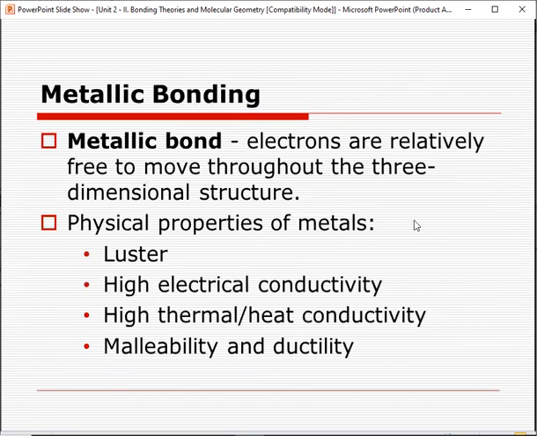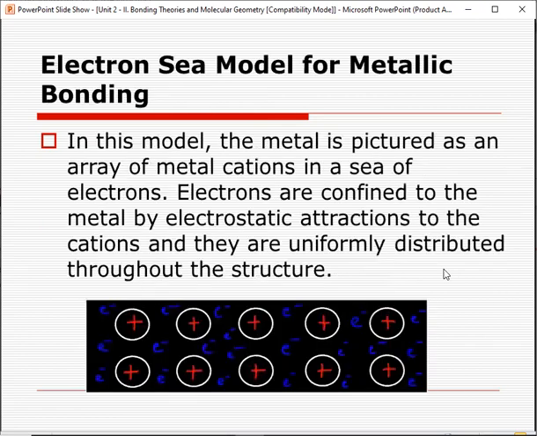Okay, metallic bonding. Metallic bond is where the electrons are relatively free to move throughout the three-dimensional structure. So the physical properties of metals, they are luster, high electrical conductivity, high thermal or heat conductivity, malleability, and ductility.